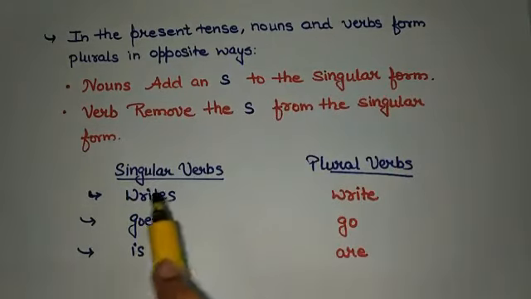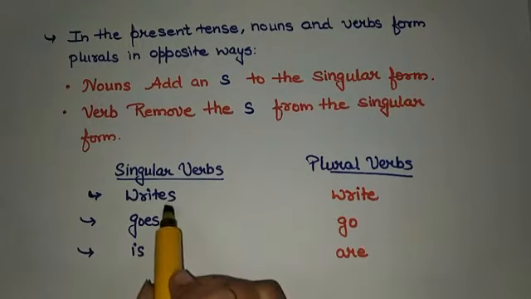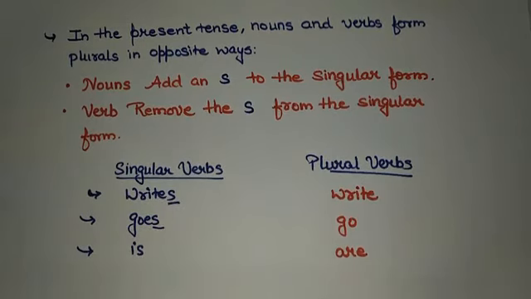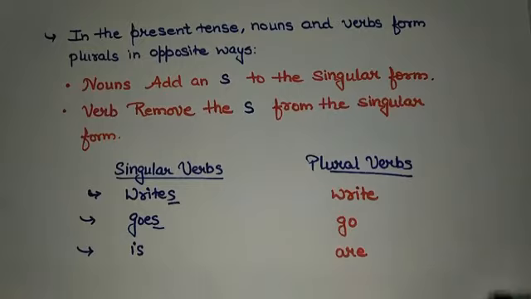Like if I say singular verbs like writes, goes, is, here you can see this s, but still they are singular verbs. And in the case of plural verbs, I can write write. Okay, there is no s with this. Then go, and then are, etc. There can be a number of examples for such things. What I want to tell you is, don't get confused that when we add s to any particular word it becomes plural. No, not in the case of verbs.